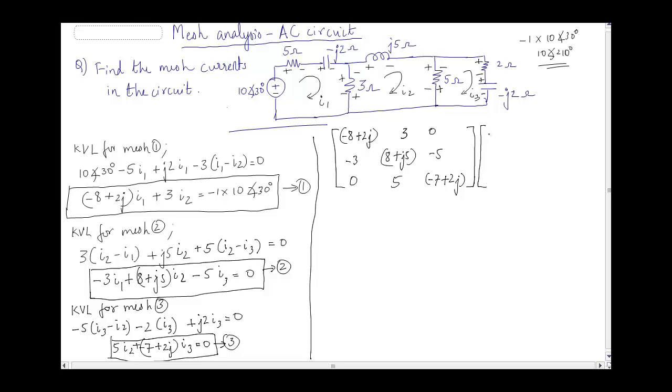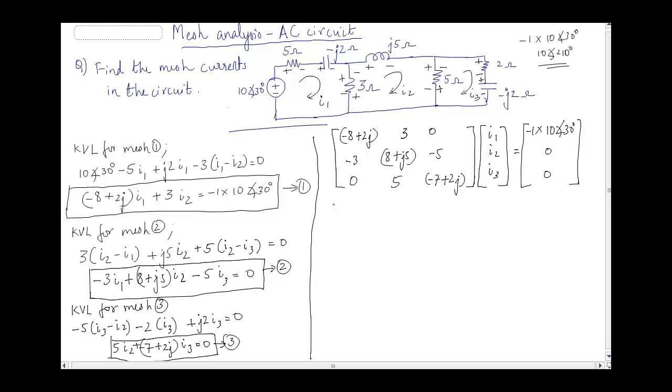With that, I will multiply I1, I2, I3, and I will get the answer based on this. For this one, I can straight away write minus 1 into 10 angle 30 degrees, and here we are having 0. Similarly here also we are having 0.